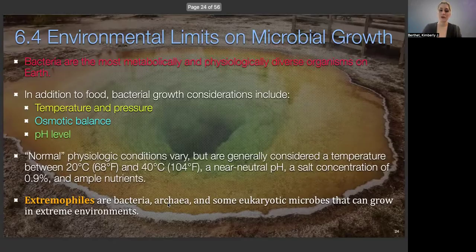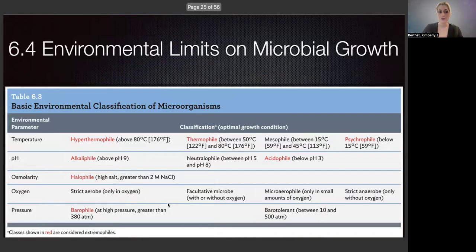Looking at the vocabulary associated with these terms here, we can look at temperature. We have hyperthermophile, thermophile, mesophile, which is considered normal, and then psychrophile. Looking at pH, we have alkaliphile, neutrophile, acidophile, neutrophile being the normal. Osmolarity, so how much salt in a concentration can a microorganism handle? Well, a halophile is a microorganism that loves high salt concentrations.